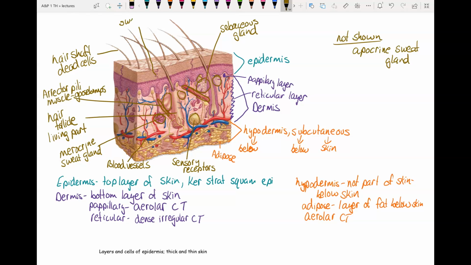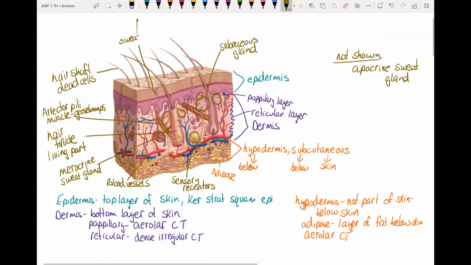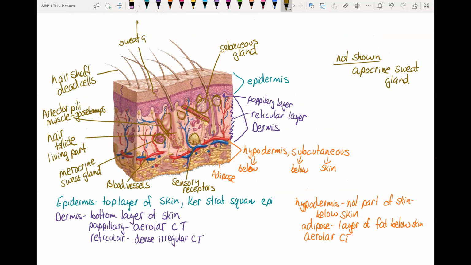These are sweat gland ducts. That's how the sweat gets up to the surface of the skin. And wherever the sweat gland duct connects, like right here, you're going to have a sweat pore, a little hole in the skin for the sweat to come out of.